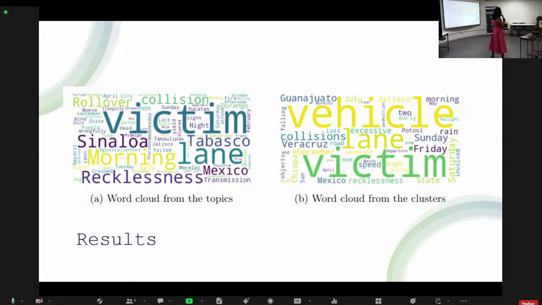For the other group of words that I have, it's K-means. We identify similar groups of data. In this case, the clusters analyzed using K-means provide us a clear view of specific patterns of road accidents in different regions and periods of the year.